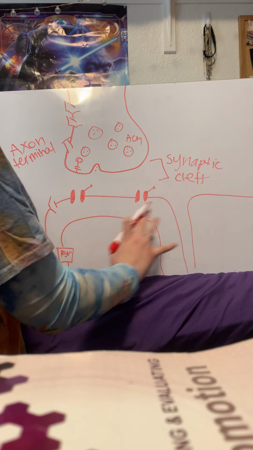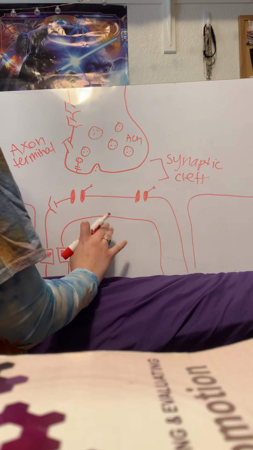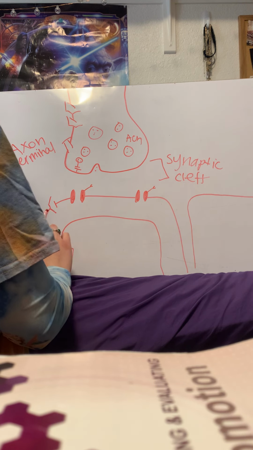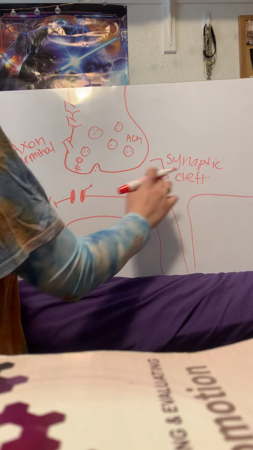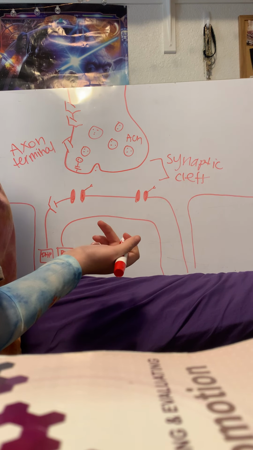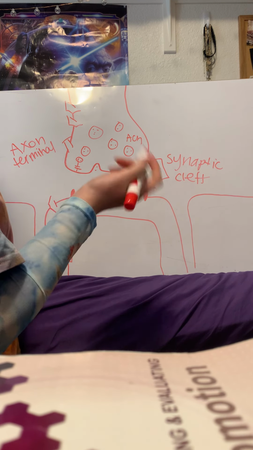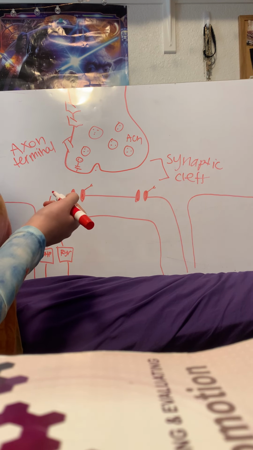And this is the muscle cell right here. Inside the muscle cell, this is the sarcoplasmic reticulum. This is the sarcoplasm. And these are the T-tubules, which are just like invaginations on the muscle cell. And here we find some more gates that we'll go over as we go into the neuromuscular junction.